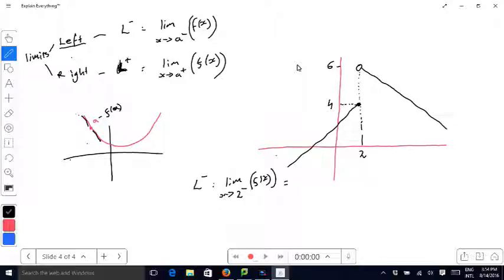So I'm heading towards that point 4. And I do the same thing, except now I'm looking from the right of 2. Meaning from the positive numbers, I go along my function, and I'm getting closer and closer to 6.